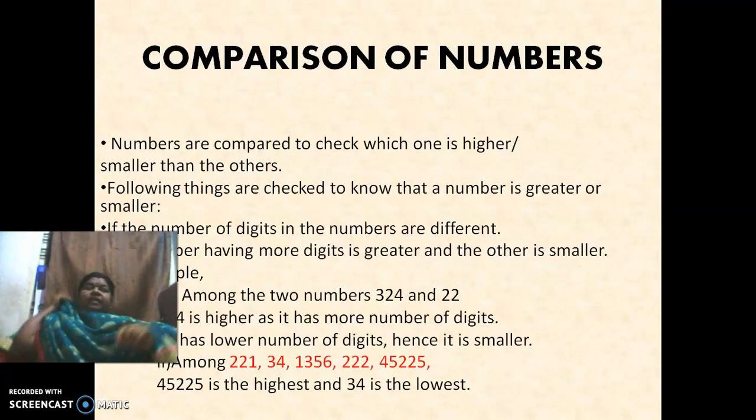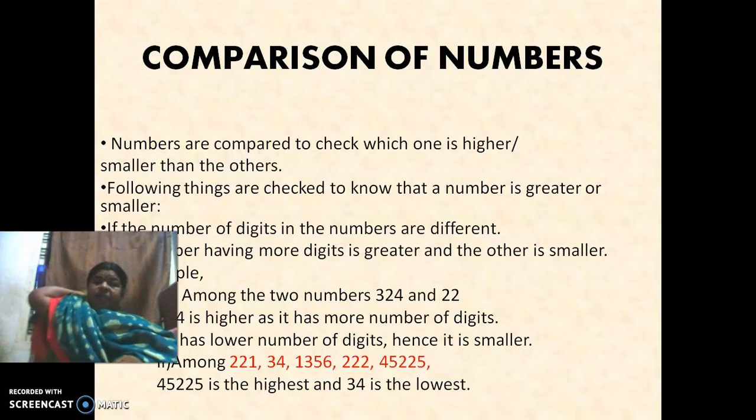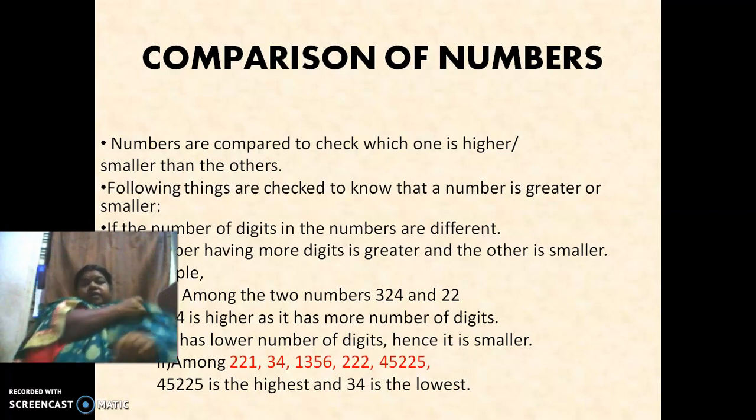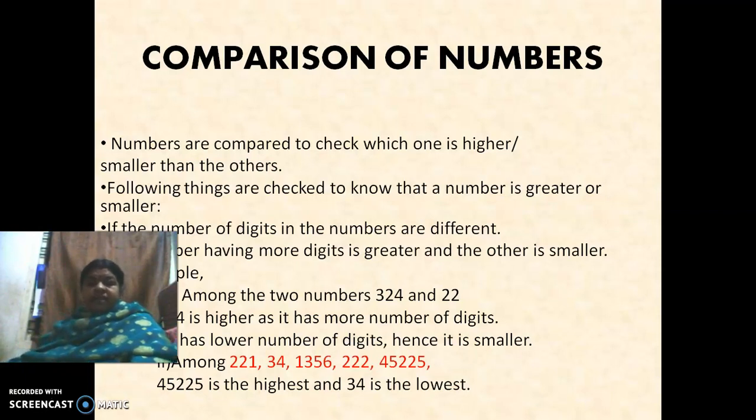While comparing numbers, we check which one is greater or smaller than the others. There are some rules to follow. If the numbers of digits are different, the number having more digits is greater and the other is smaller.